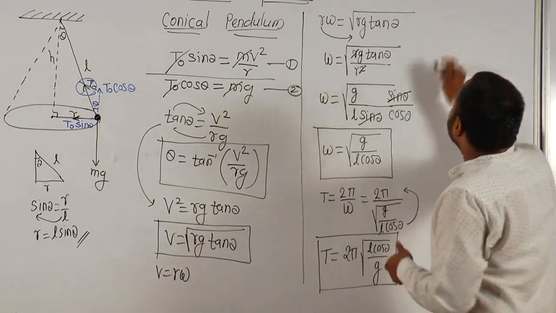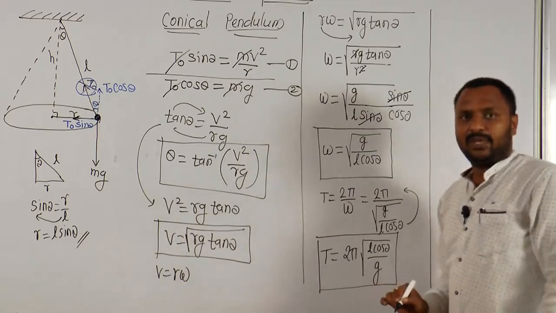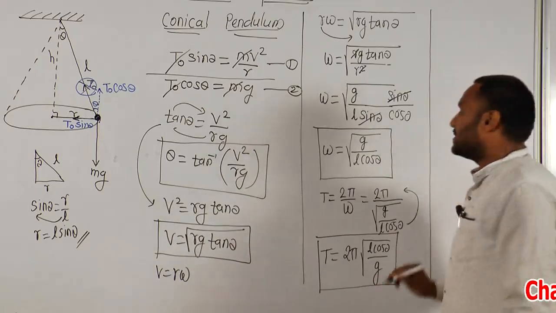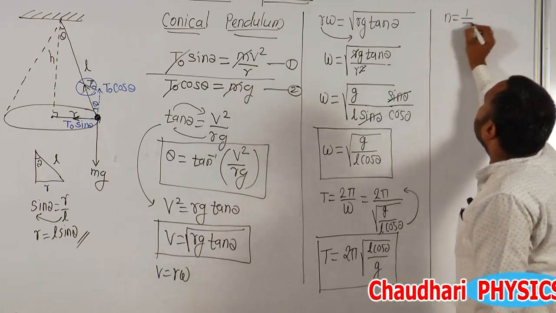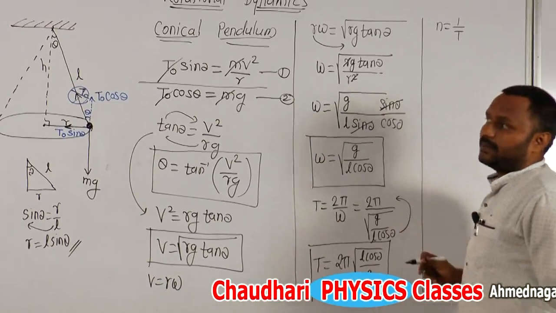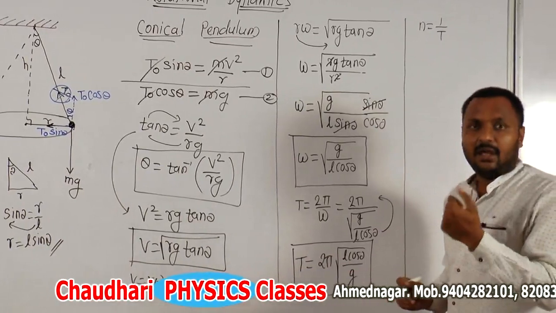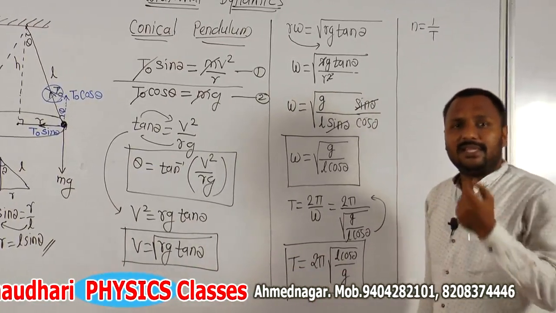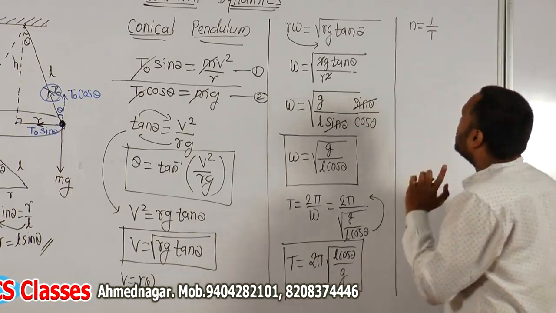Next, we can also find its frequency. What is frequency? Frequency n is equal to 1 upon T, so we just take the reciprocal of the periodic time, and we can find its frequency. It means the number of revolutions completed in 1 second. How many revolutions are completed by this conical pendulum in 1 second can be calculated using this formula.